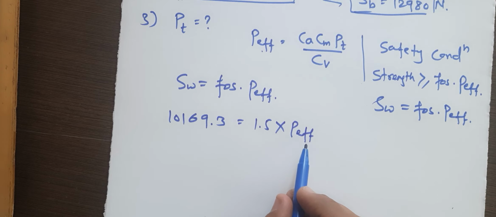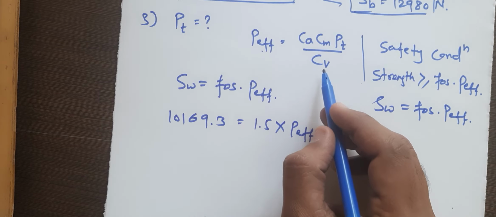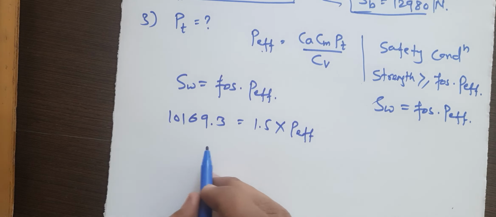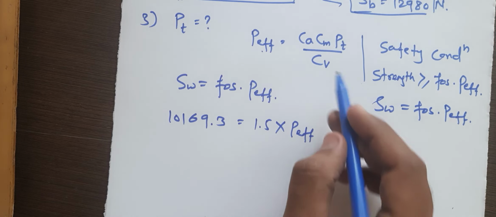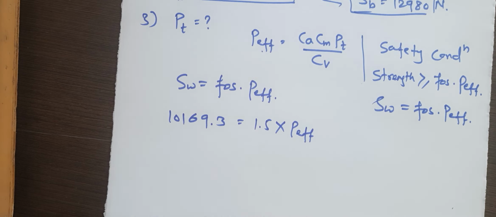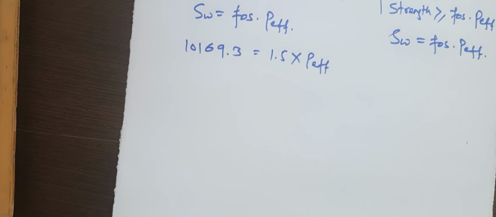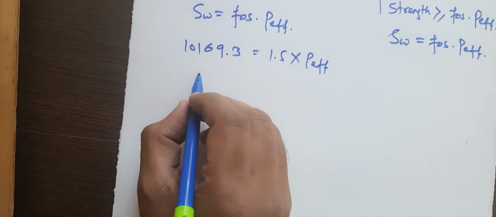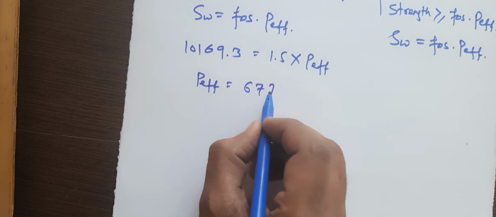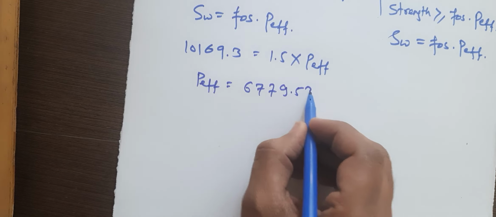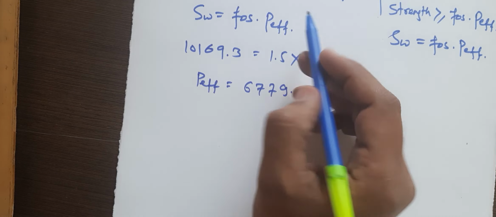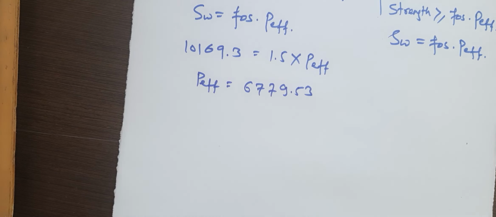Now, instead of putting P effective here, we can write CA CM PT divided by CV, or we can calculate P effective and then substitute this value of P effective to calculate PT. So you will get P effective as 6779.53. Now we need to substitute P effective in this formula, so you will get PT.